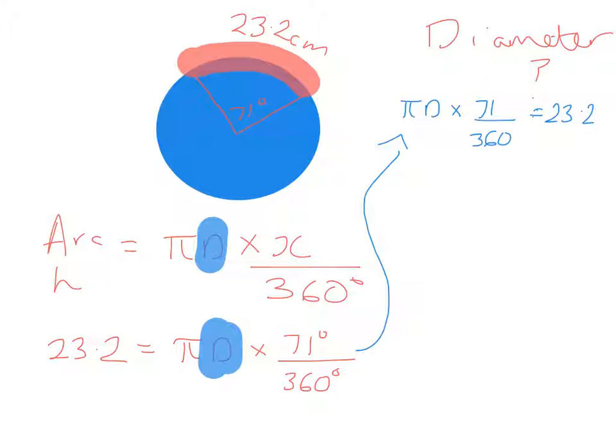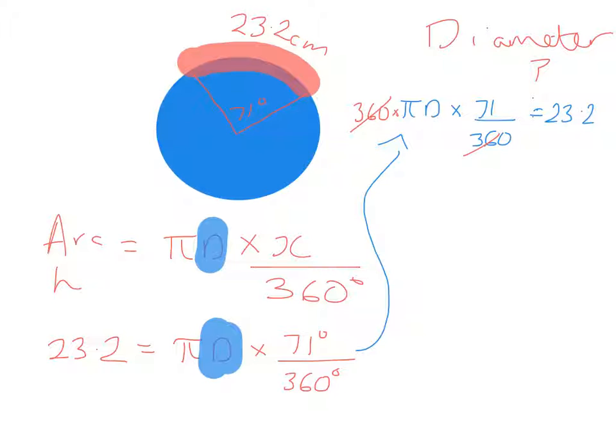So, there are different steps you can go about to do this, but if we think about solving equations and we had a number at the bottom of a fraction, how we would get rid of that number at the bottom is we would multiply both sides by 360.